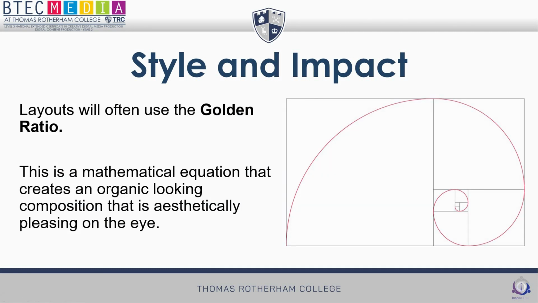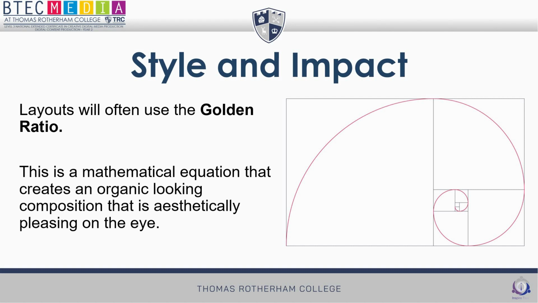Now, the golden ratio is a tricky concept, but it is often used by designers to help with layouts and typography choices and things like that. So, it's a mathematical equation, and it's something that is built into nature as well as digital design.